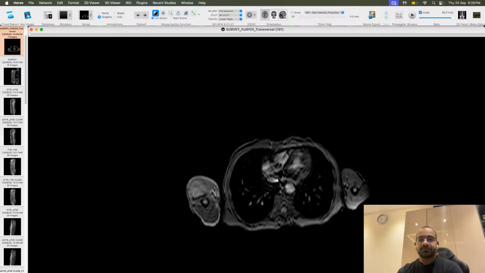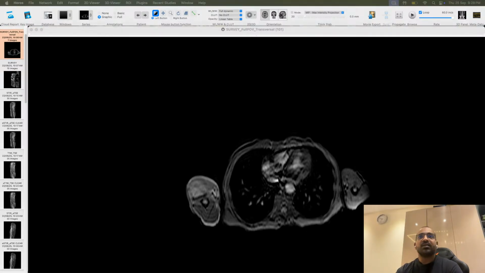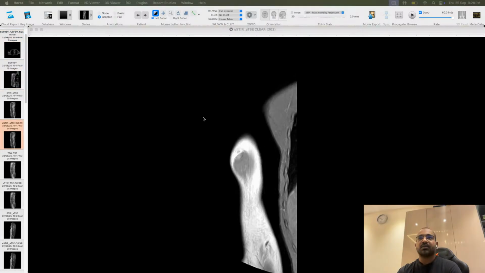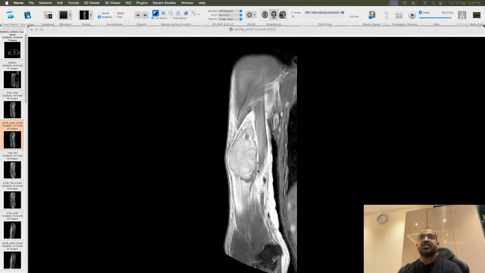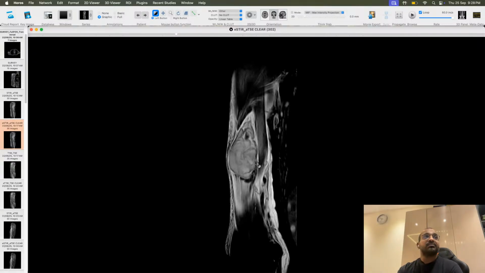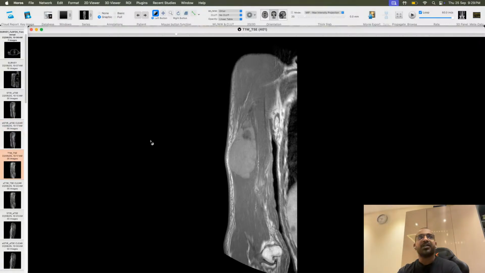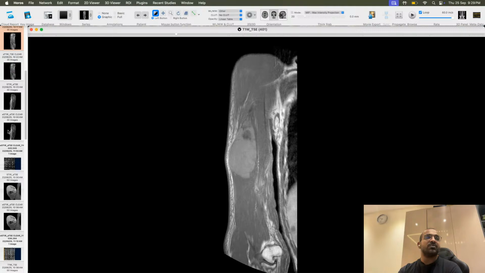You see here, there is something sitting over there. This is the STIR image. It is showing hyperintense signal. I'm showing T1 next. It is hyperintense signal.